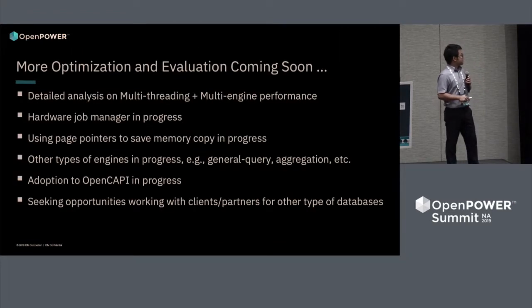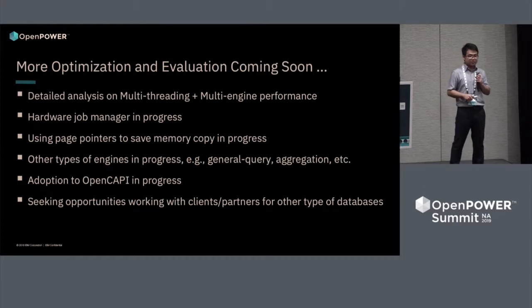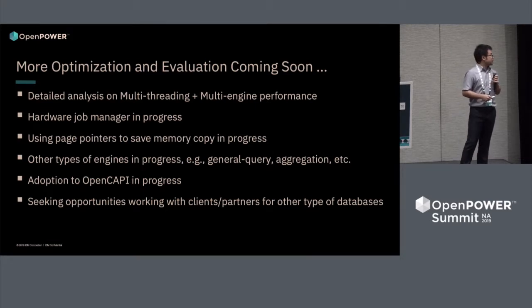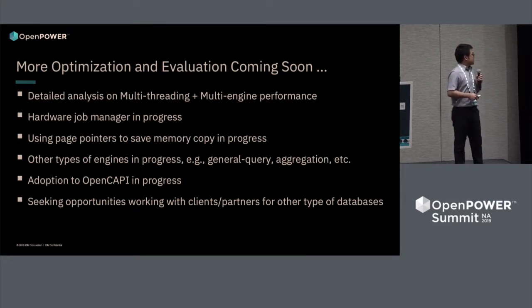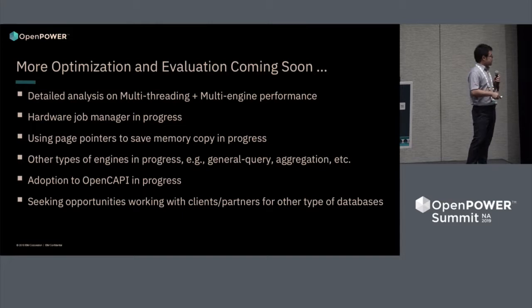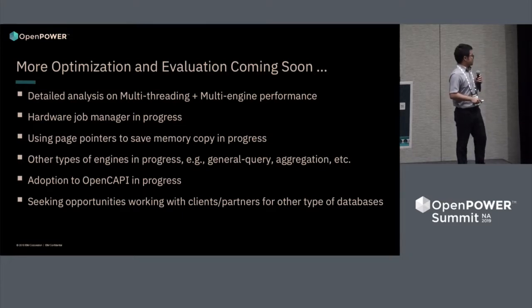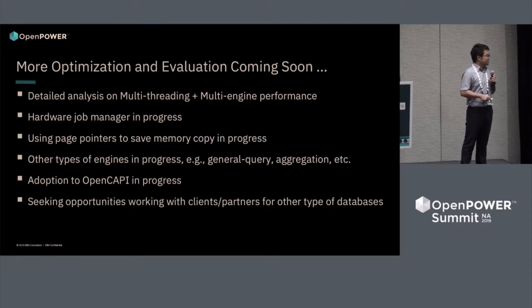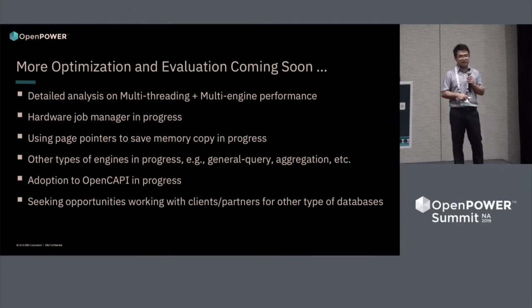Okay, this is a summary of what we are going to present maybe in the next few months, including more performance analysis, hardware job manager, using the page pointers directly, other types of engines, and adoption to OpenCAPI. I believe adoption to OpenCAPI, moving from CAPI 2 to OpenCAPI, should be very easy if all of our work is based on SNAP or the OpenCAPI acceleration framework.